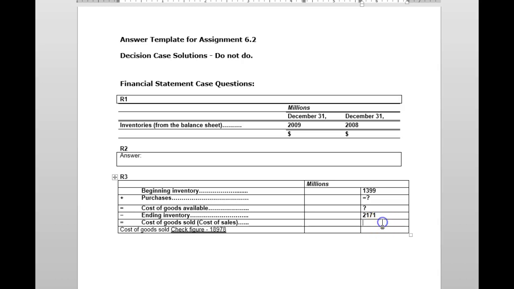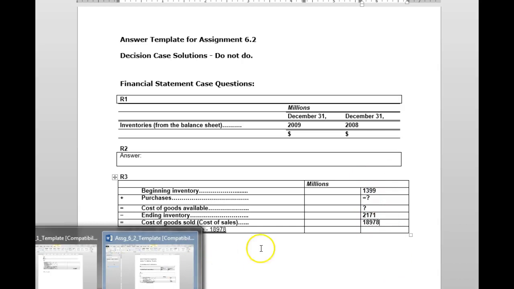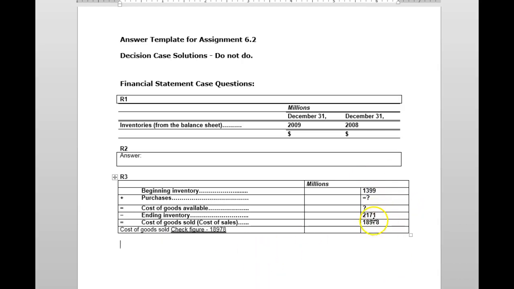My cost of goods sold were 18,978. So work your way up. So if I add these two, probably I'm going to get my cost of goods available. And then I can go from there.